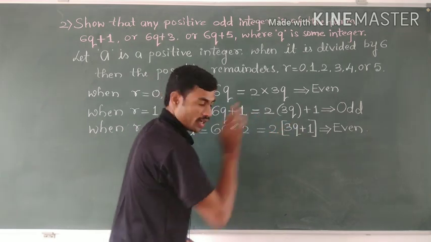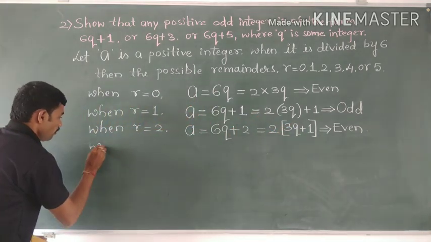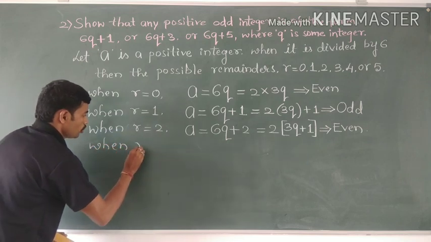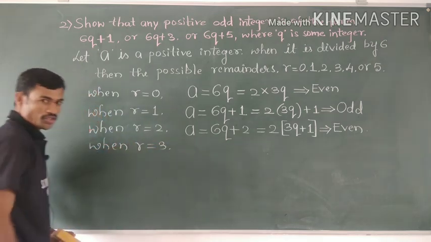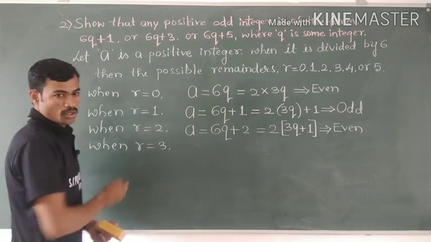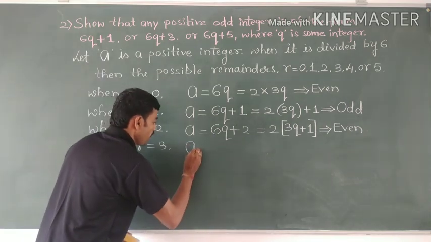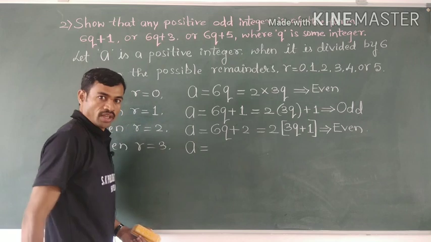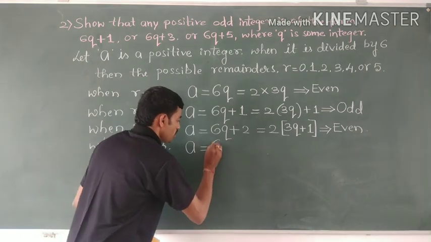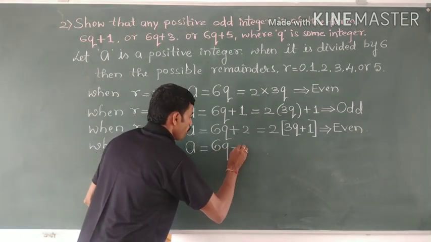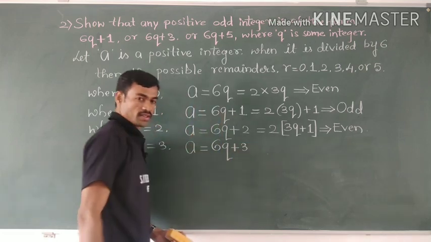Next one, when r equals 3. Now you see here, a can be written as 6q plus 3.